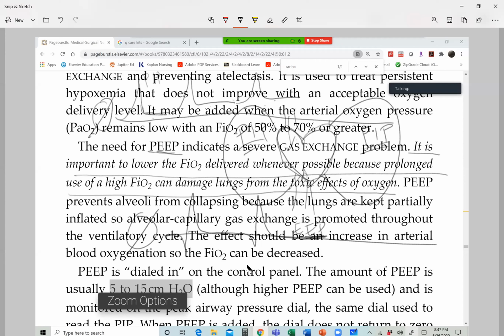But once we go more than 15, let's say 20, because sometimes it's necessary, especially if the compliance drops, the doctor will order to put the PEEP to 20. Always monitor your cardiac output. So monitor your blood pressure, your patient's urine output, color. So watch those when you have a patient receiving high PEEP.